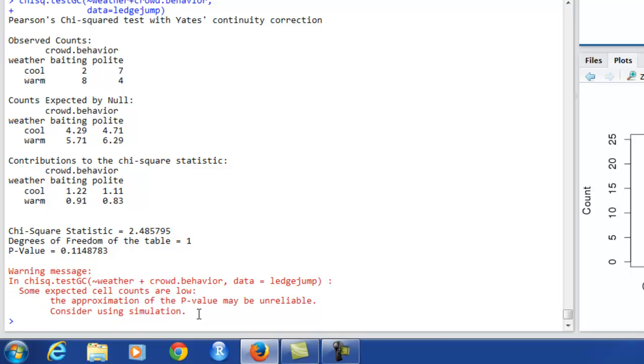Let's think about it. In chi-square.testgc, some of the expected cell counts are low. The approximation of the p-value may be unreliable. Consider using simulation. The fact is that this p-value, computed here by the machine, is computed without simulation using an approximation technique that was invented by Carl Pearson precisely because computers were not around to do this kind of simulation for us.